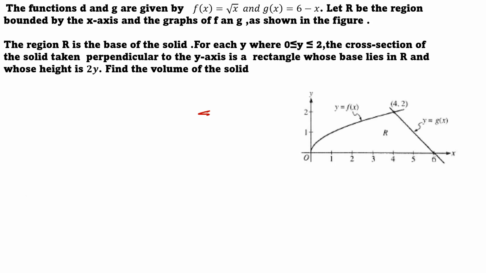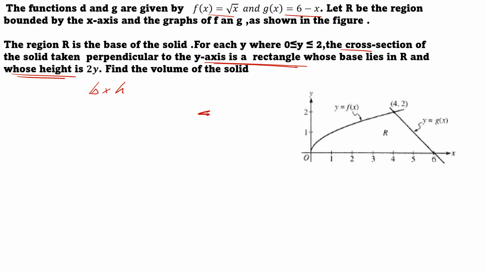Now in this question they gave you two equations and they ask you to find the volume where the cross section of the solid taken perpendicular to the y-axis is a rectangle. Now you know the formula of the rectangle, it is base into height. Find the volume of the solid whose height is 2y.